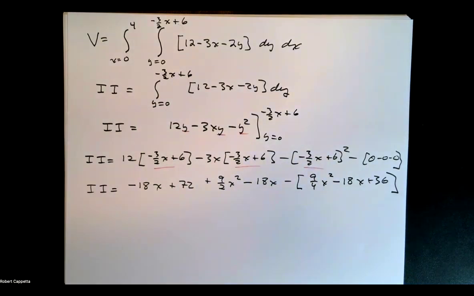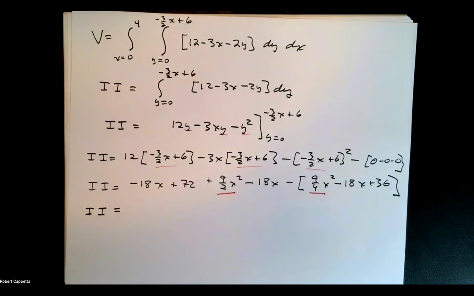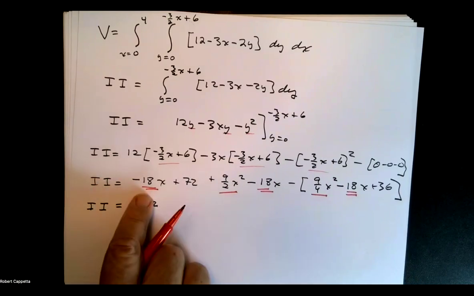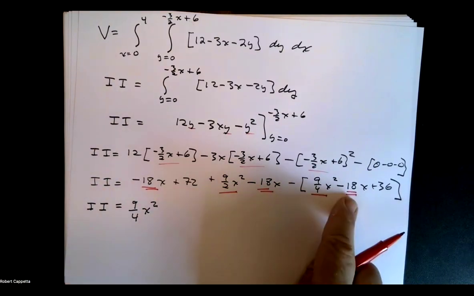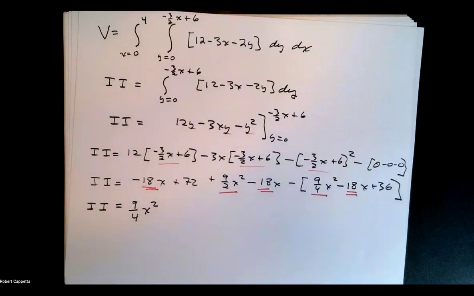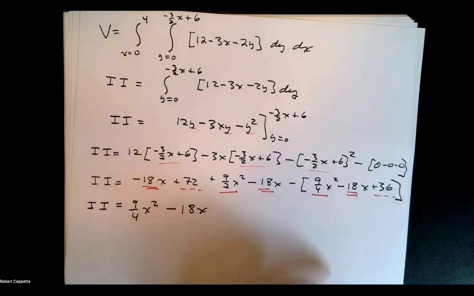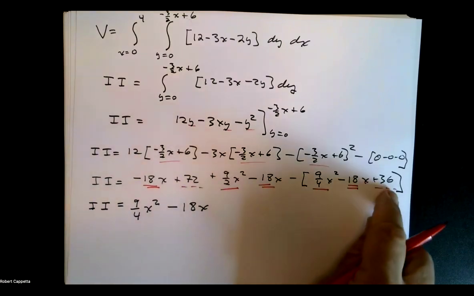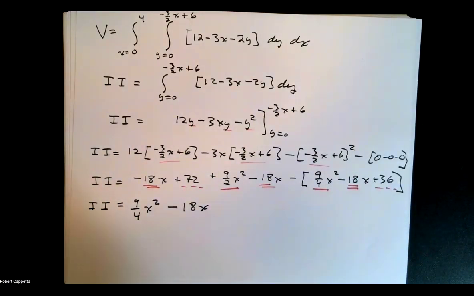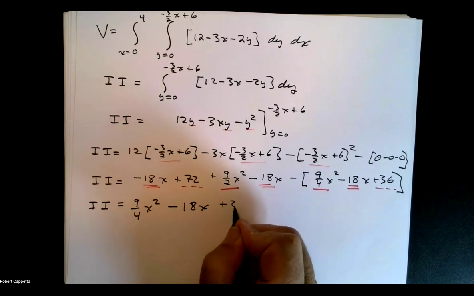Now we need to look for like terms. First, we see 9/2 x squared minus 9/4 x squared, which will be 9/4 x squared. Next, we see negative 18x minus 18x minus negative 18x, which is just plus 18x, resulting in minus 18x. And looking for our constants, 72 minus 36 gives plus 36.